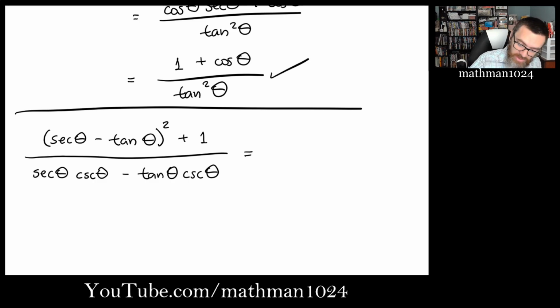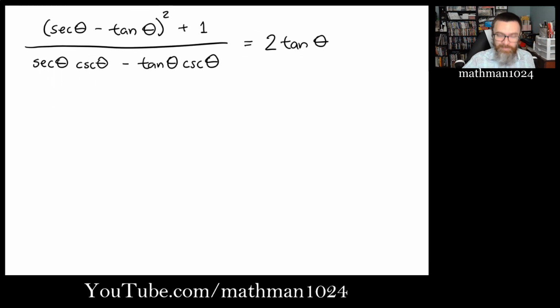And all of this is supposed to equal 2 times the tangent of theta. So I hope it's pretty clear to you that we should start with the stuff that we have on the left, because there's a lot more to work with, and hopefully we can somehow condense all of that to give us what's on the right side.